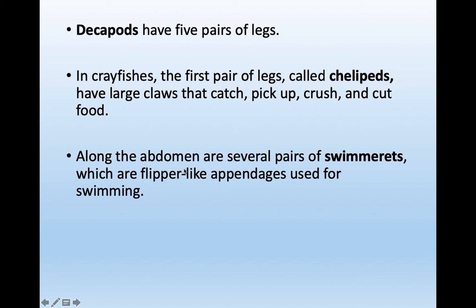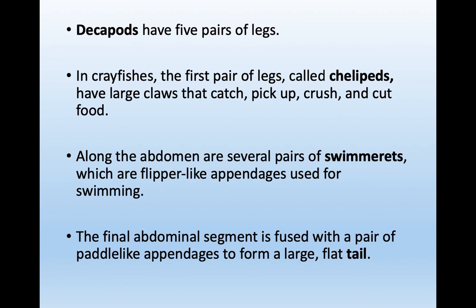On the abdomen, there are also little appendages that are flipper-like. These are called swimmerets, and they're named that because they help with swimming. So they wave or flap around, and that helps propel the decapod forward.